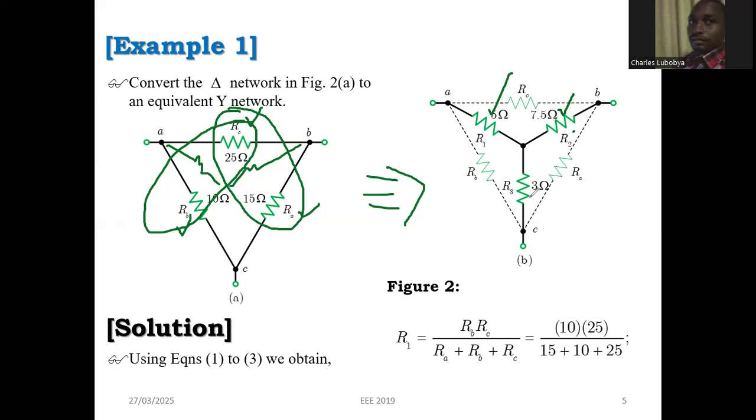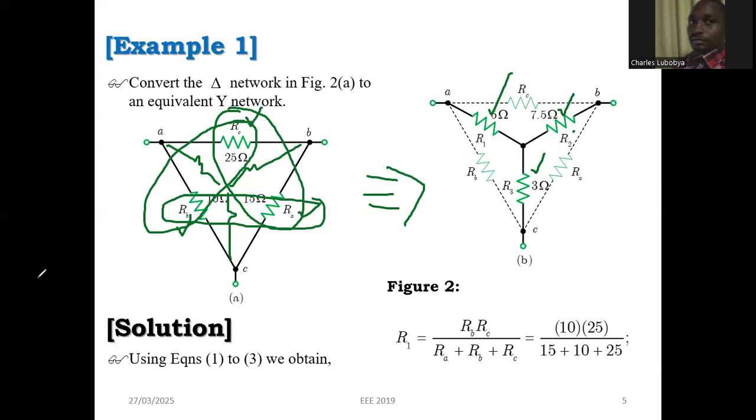And finally, your R3 will be somewhere here. What you do again is get the adjacent resistors RB and RA and multiply them. In this case, it will be 10 and 15, which gives 150, divided by their sum, which is 15 plus 10 plus 25, which is 50. 150 divided by 50, you get your 3 ohm resistor as your R3.